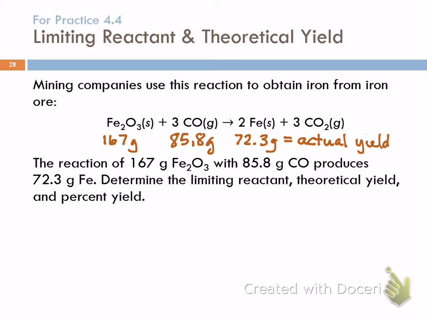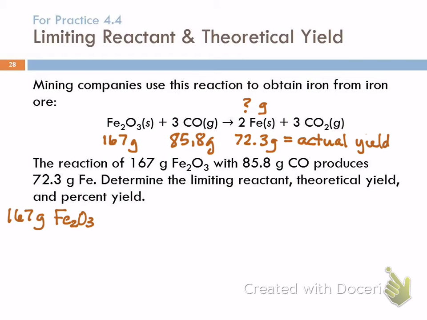And so we need to calculate the theoretical yield, in grams of iron. Grams to moles to moles to grams, twice. So what are we finding first? We are going to find the mass of iron that can be produced using the 167 grams of Fe2O3.